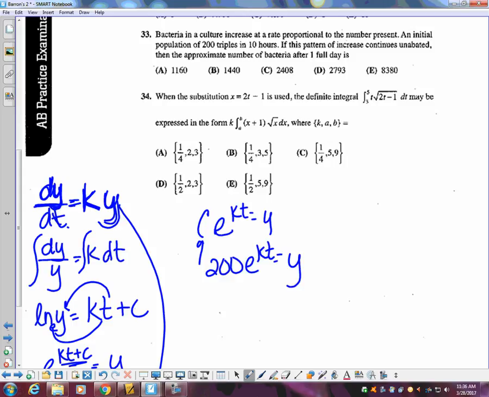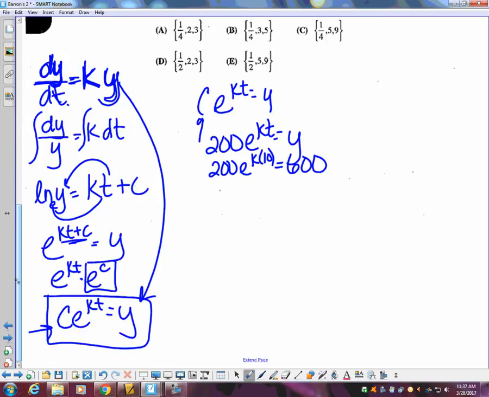Okay, now what I'm going to do is use the fact that it triples in 10 hours to find my k. That's what I wasn't doing. So I'm starting with 200, I'm going for 10 hours, and it's going to triple. So now I can solve for k. e to the 10k equals 3. Then I'm going to ln the 3 and get 10k.